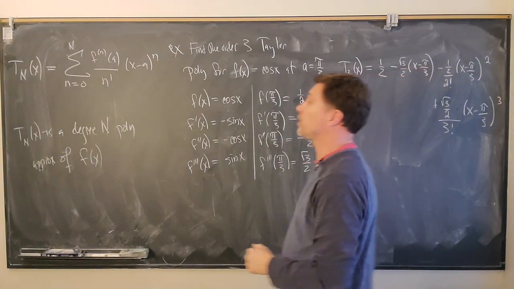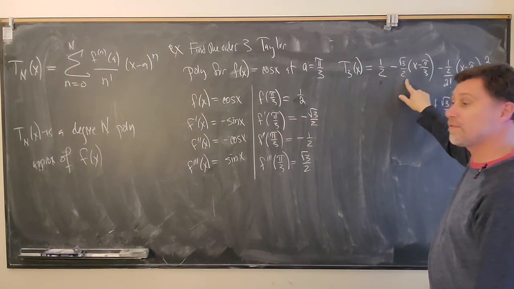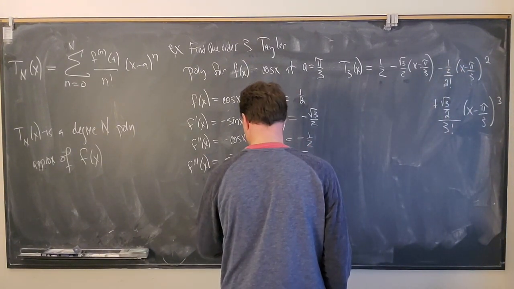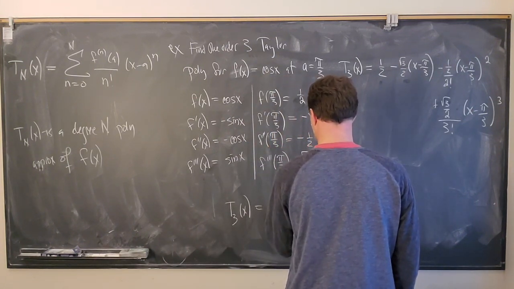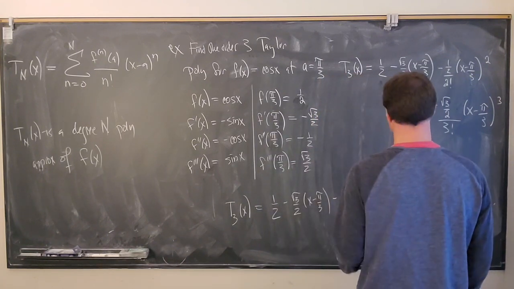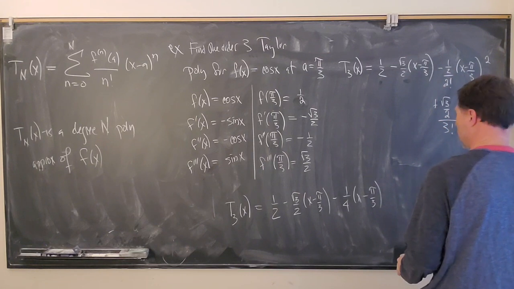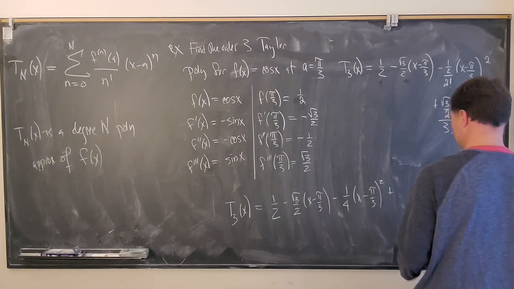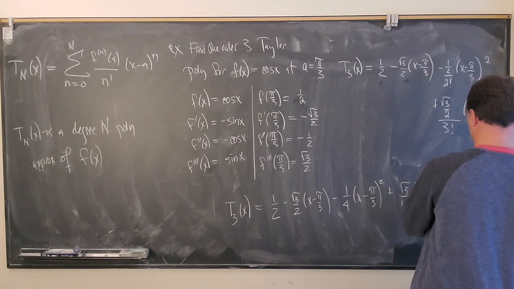But remember, for each term, you divide by n factorial. So technically, there's a 0 factorial down here, but that's a 1, and there's a 1 factorial over here, but that's also 1. Okay, so in final form then, T sub 3 of x is equal to 1/2 minus root 3 over 2 times x minus pi over 3, minus 1/4 times x minus pi over 3 squared, plus root 3 over 2 over 6, so that's root 3 over 12, times x minus pi over 3 raised to the third power.